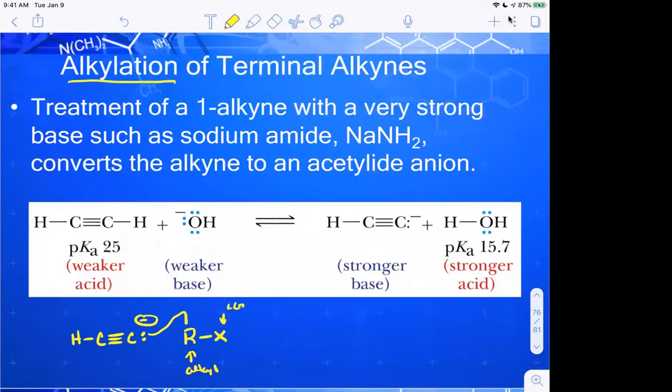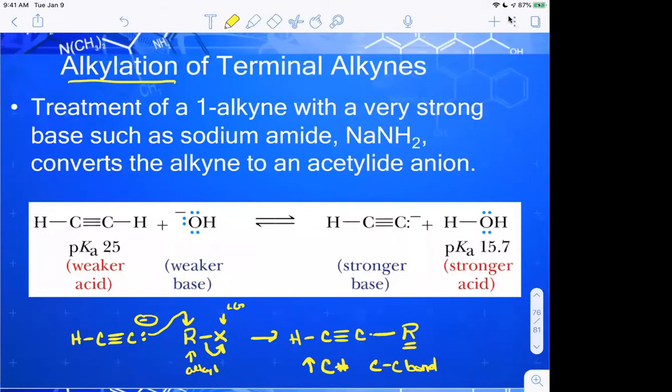And this is going to attach to that carbon and kick out that X. And what I'm going to get is a new bond that forms to the carbon of that alkyl group. So I just increased the carbon numbers in my carbon skeleton. I made a carbon-carbon bond, which is awesome in organic synthesis.